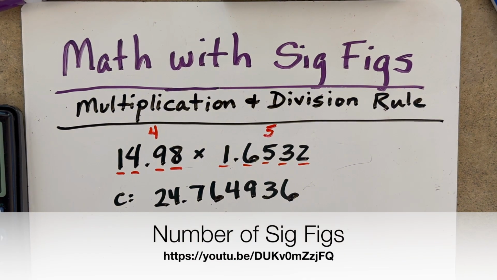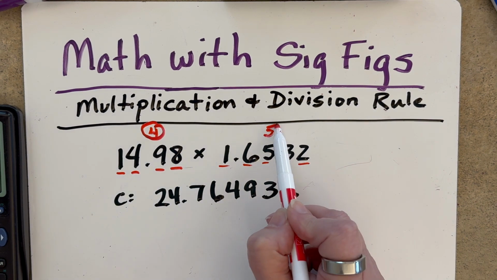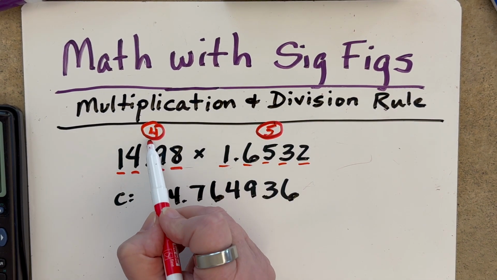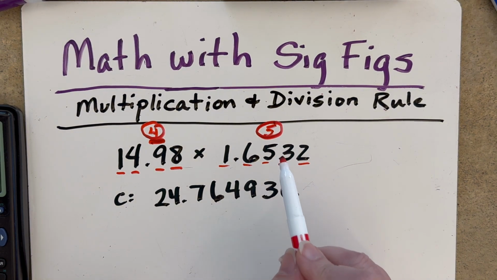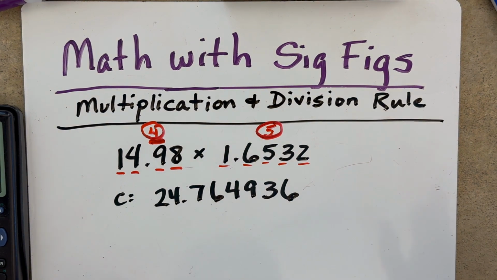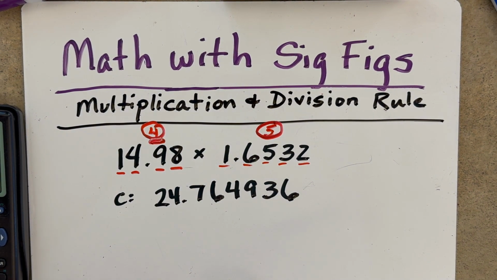Now, if you're not sure how to figure this out, you may want to watch my first video, which deals with determining the number of significant figures in a number. So the first number has 4, the second number has 5, 4 is less, so our answer can have 4, not 5. Don't take the bigger, don't add them together, nothing like that. Whichever one has the fewest, that determines how many you keep.